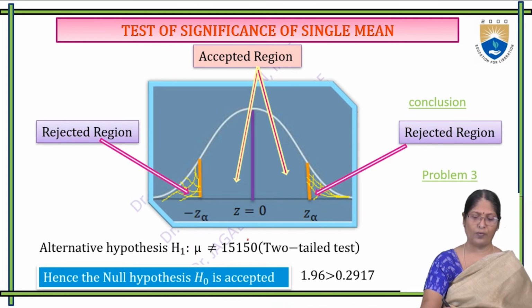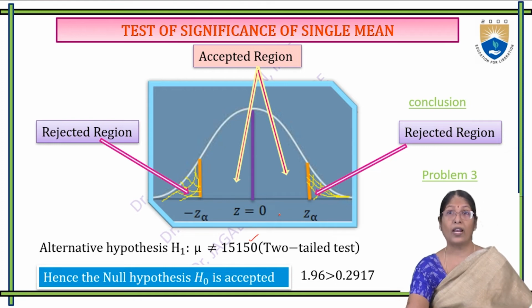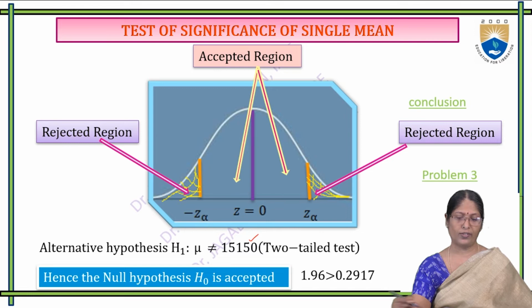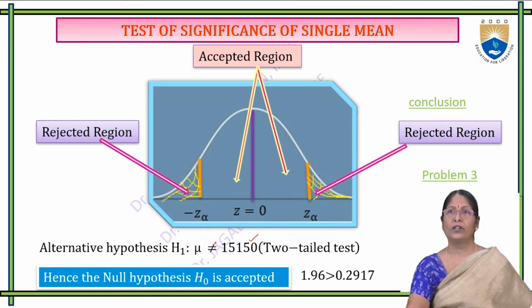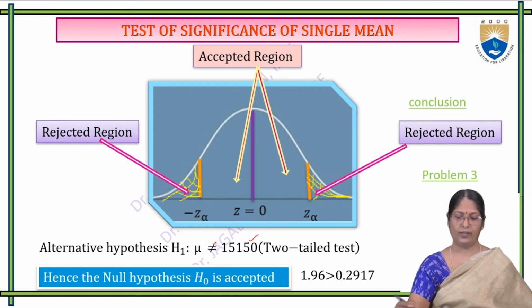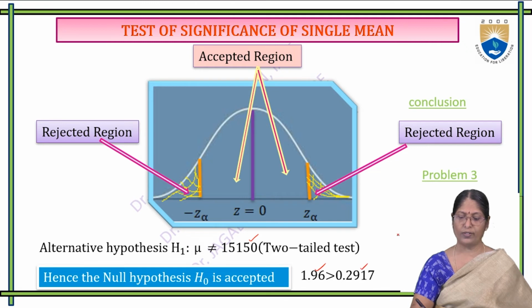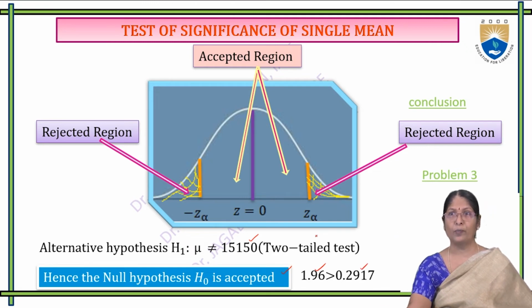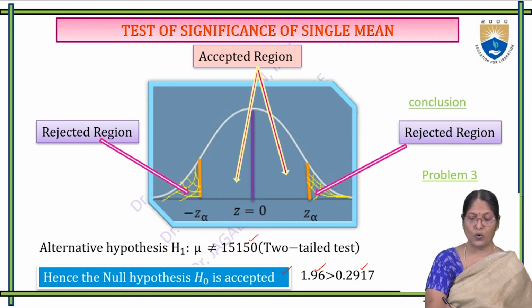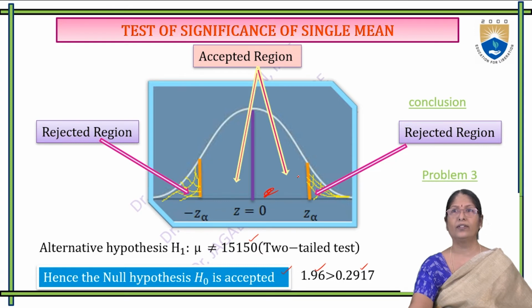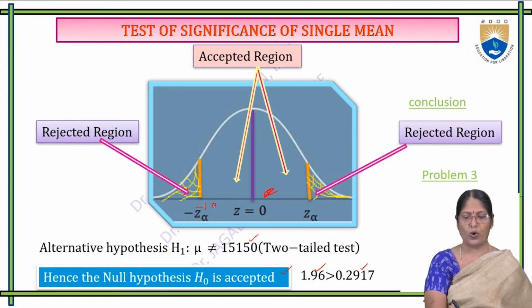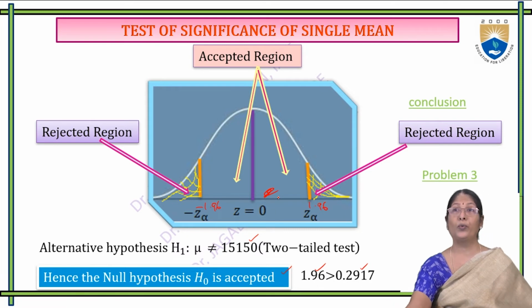Here the null hypothesis is defined as two-tailed. We reject if not equal, and this is the tabulated value, this is the calculated value. Why is it accepted? Because it is 0.29, and here it falls, between minus 1.96 and 1.96.